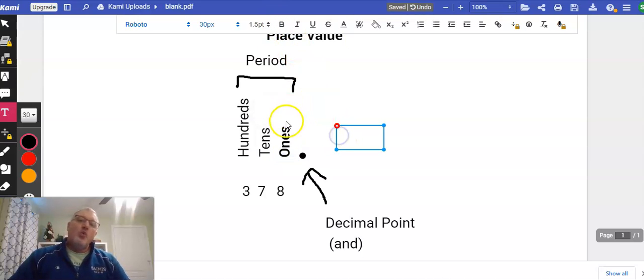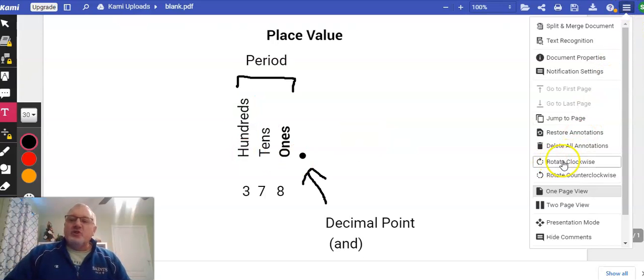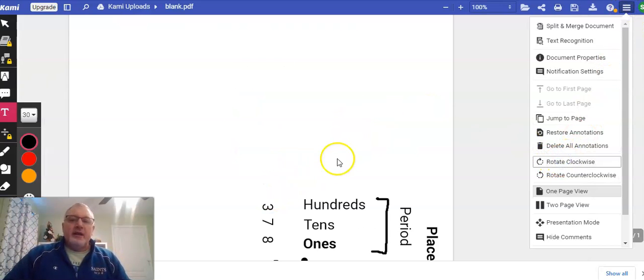This is the ones period, okay? And that's what we really need to understand, that that's the period. Those 3 numbers are considered the ones period. All right, so let's keep moving on here.